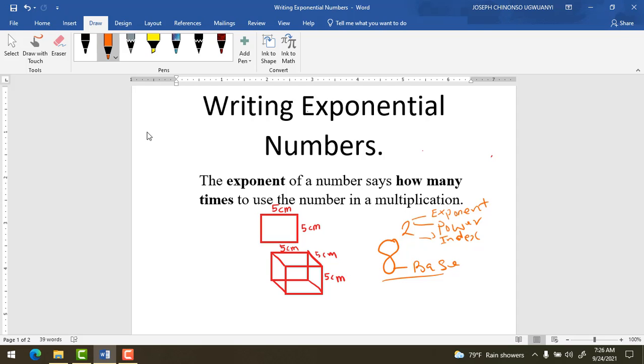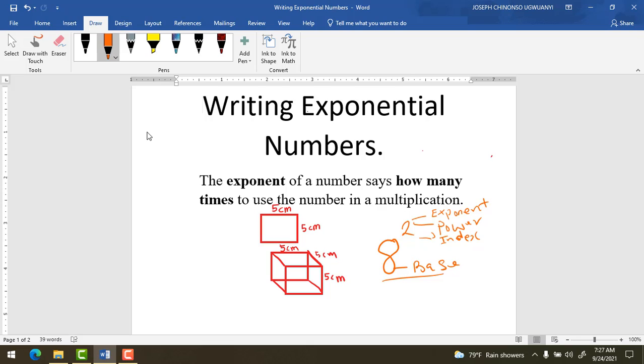So we have 8 exponent 2, 8 to the power of 2. What does this mean? Now we go to the definition of exponent.